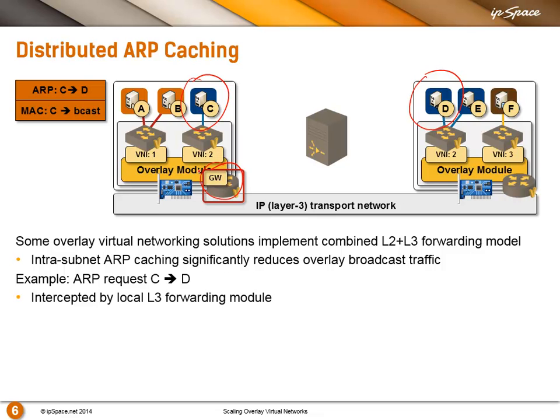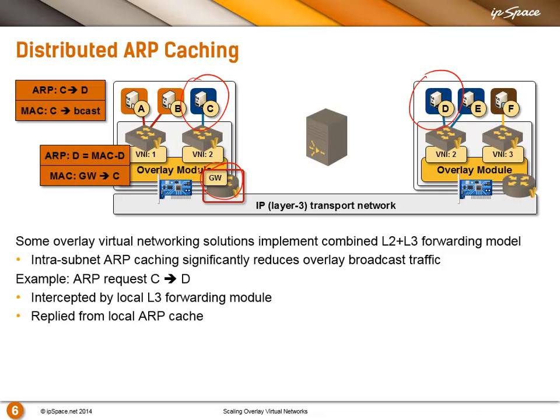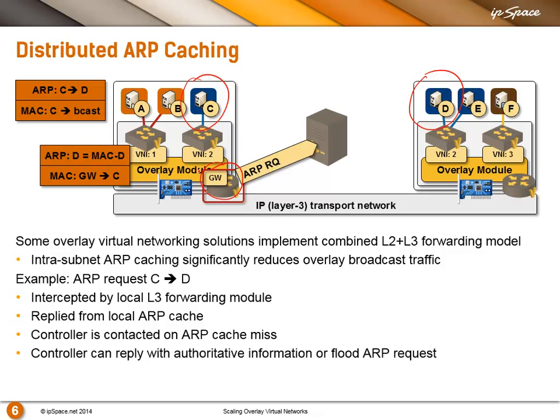all ARP requests, even those that are local, and reply to them from the local ARP cache that is either built by the controller or built on demand based on the previous ARP replies. And then you have two options. Either you flood the request when there is a miss in the local ARP cache, or you might say, well, the controller is the source of all truth, and in that case, the local layer 3 gateway would contact the controller on an ARP miss, get the information from the controller, and then reply to the ARP request.